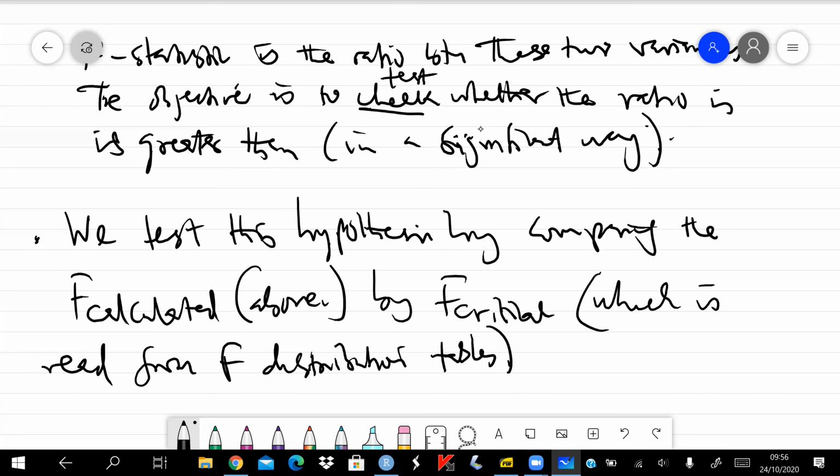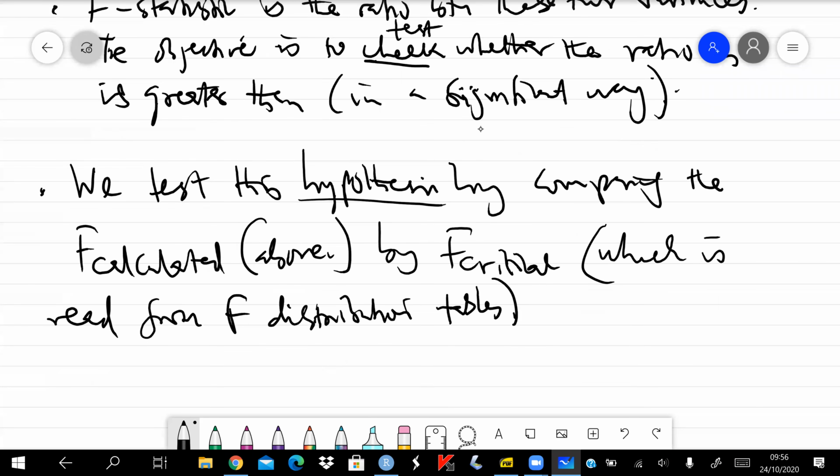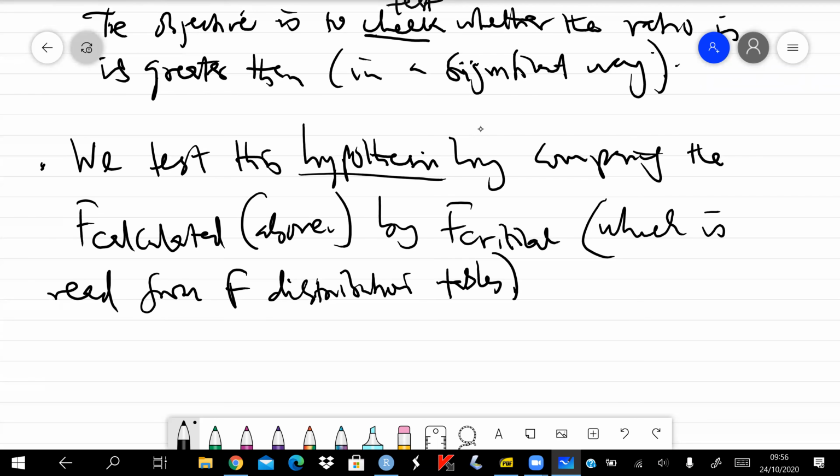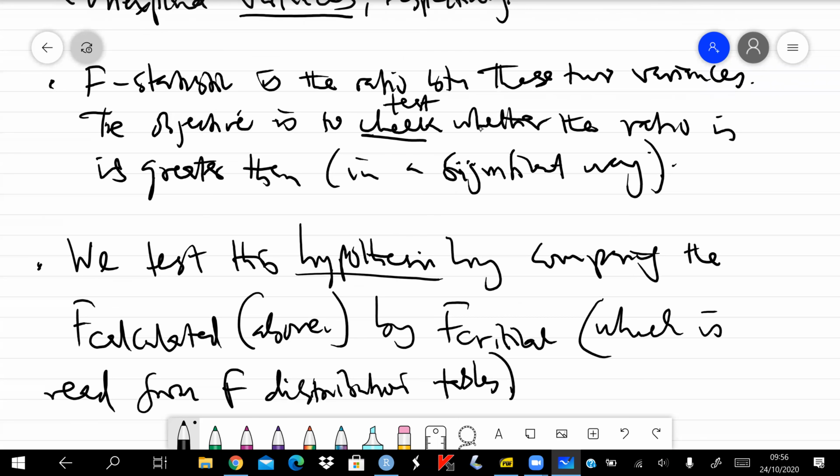I know you've come across the normal distribution tables and the T distribution tables. We also have other distributions known as the F distribution tables, which are used to test hypotheses revolving around the comparison of variances. If you want to compare variances like the ones we have here, then you use the F distributions.